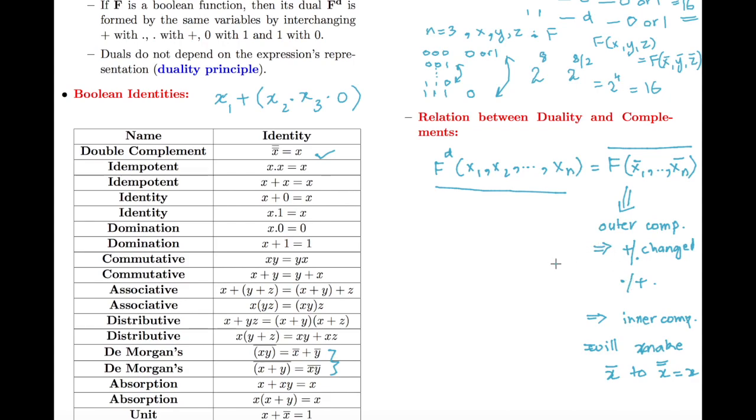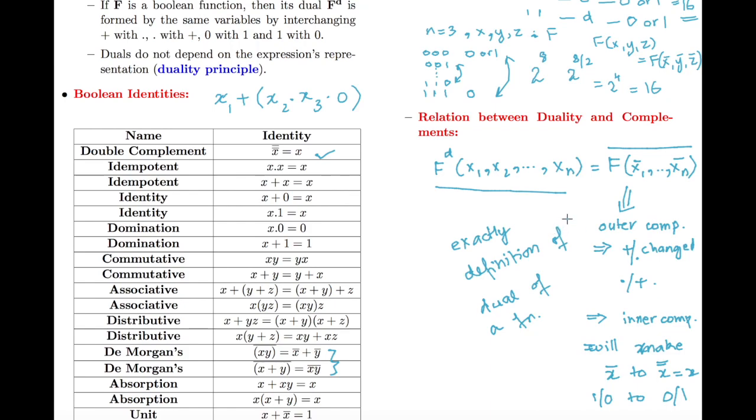What will happen to them? They will be inverted, right? Because of this, 1 will be inverted to 0 and 0 will be inverted to 1. So this is exactly the definition of the dual of a function.